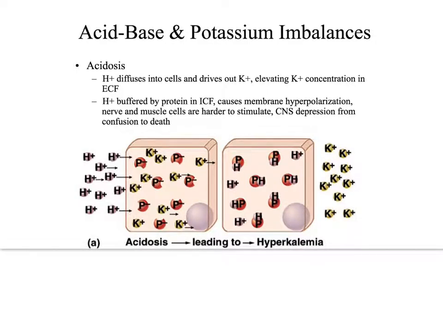Okay, so one of the things that we want you to understand, but it's not important that you memorize all the details, is that acid-base balance can influence potassium balances. So when you look at this, if you're in acidosis, the hydrogen ions will diffuse into the cells, and the potassium ions will diffuse out of the cells.